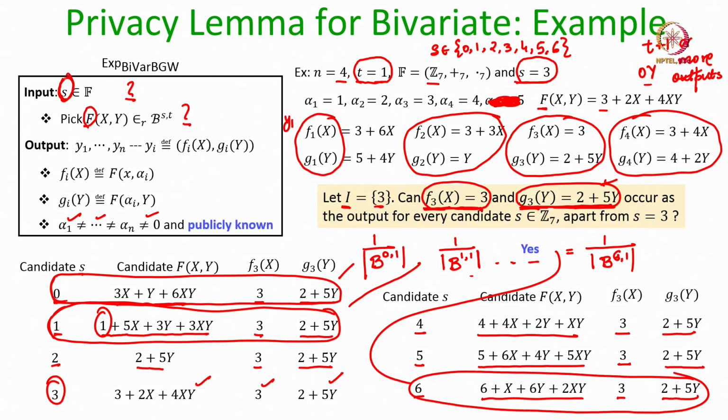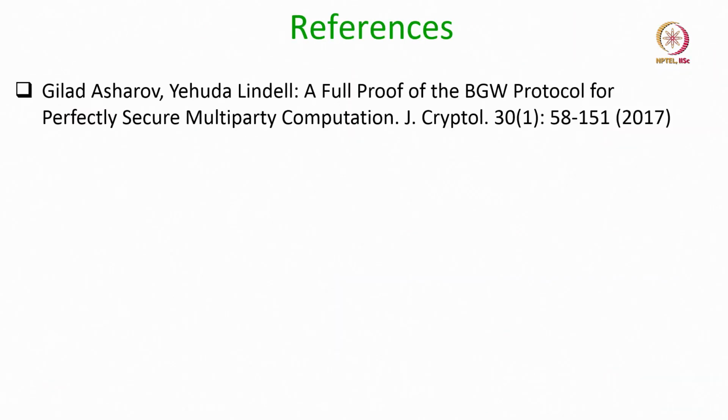That shows that from your viewpoint, the probability distribution of the t row and column polynomials which you see will be independent of the exact input of this experiment. So, with that I end this lecture. This is the reference used to prove today's privacy lemma. Thank you.